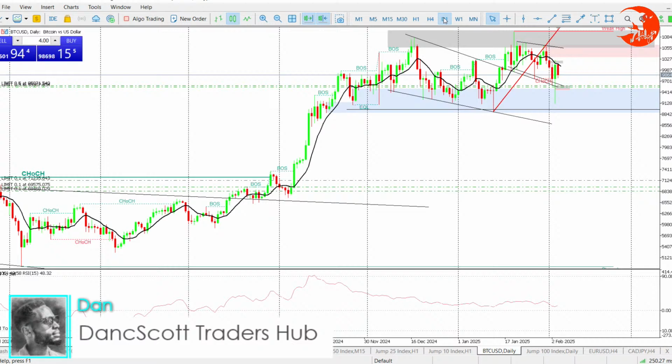That is a daily order block there. It grabbed liquidity right there, and you can see it is also taken as a strong support level right about there.